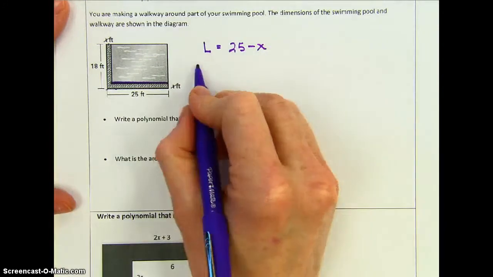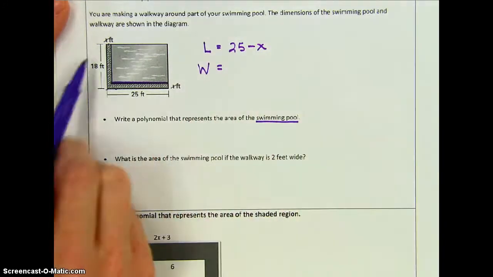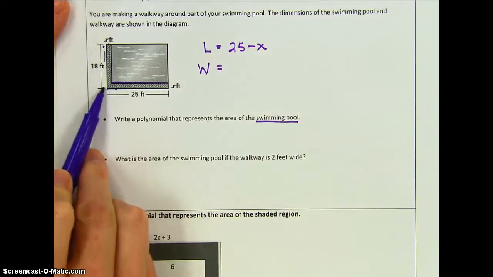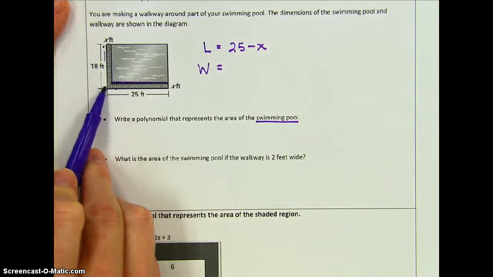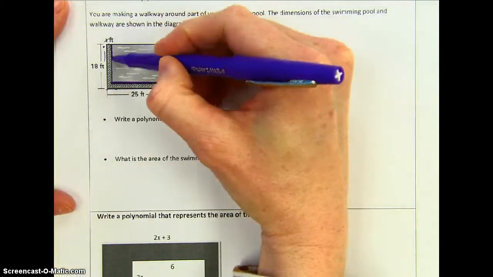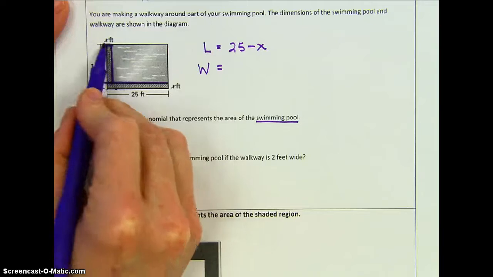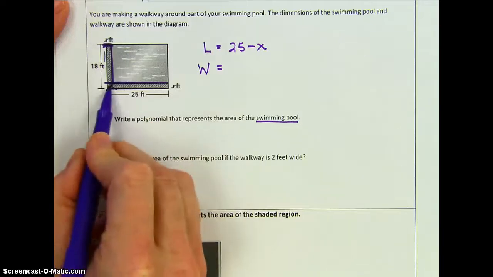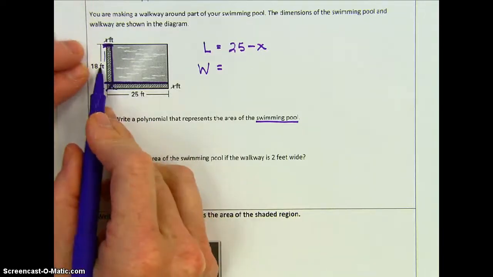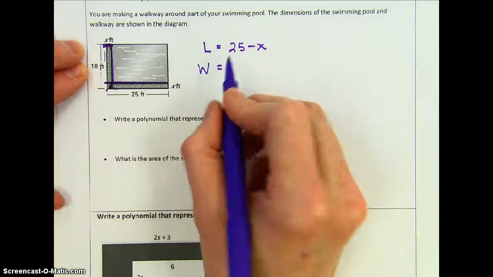Now the width works the same way. We can see here that the width of the walkway is 18, but we only need to look at the swimming pool. So it is 18 here to here, but we have this little x right there. So it is going to be 18, take away this x.